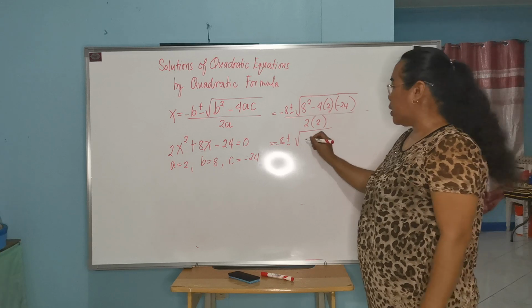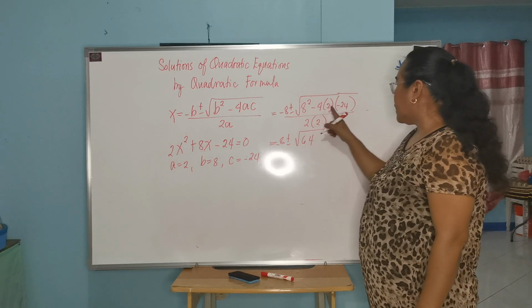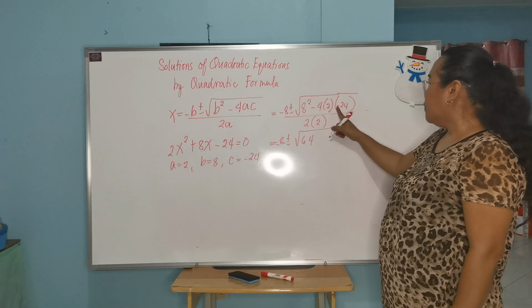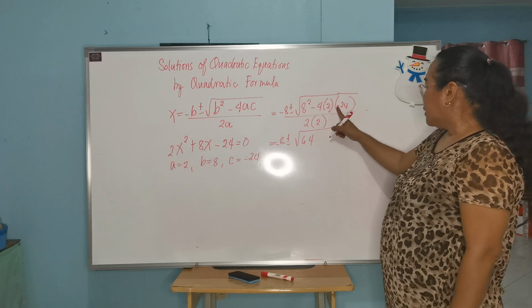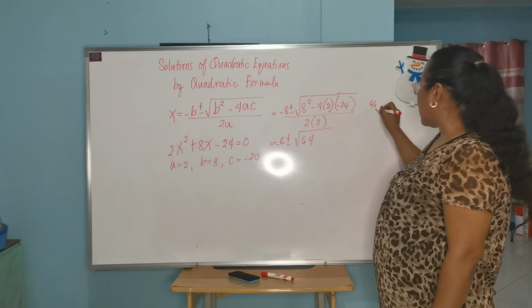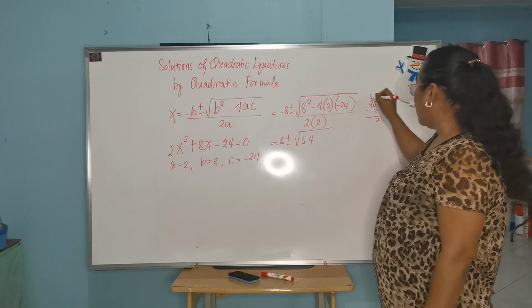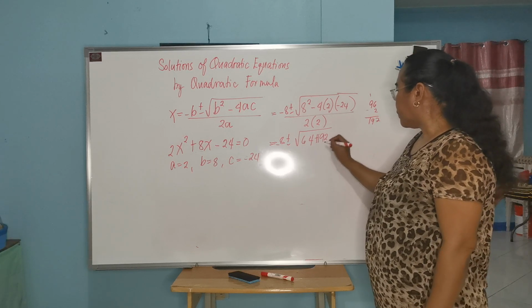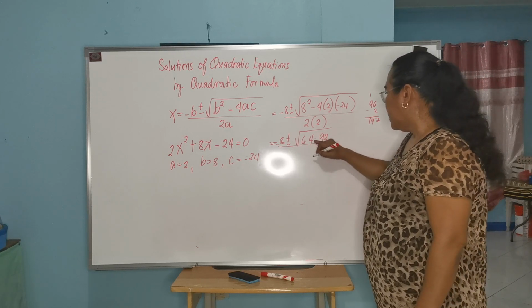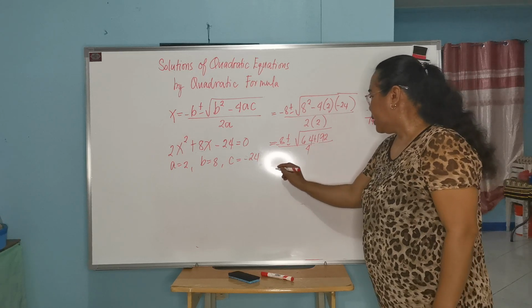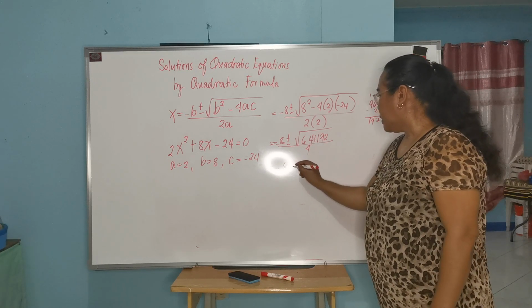And this would be negative 8 plus minus. Squaring 8 would give you 64. Negative times negative is positive. So we have 96 times 2. And what is 96 times 2? That would give you 192, over 4. And this is negative 8 plus minus.